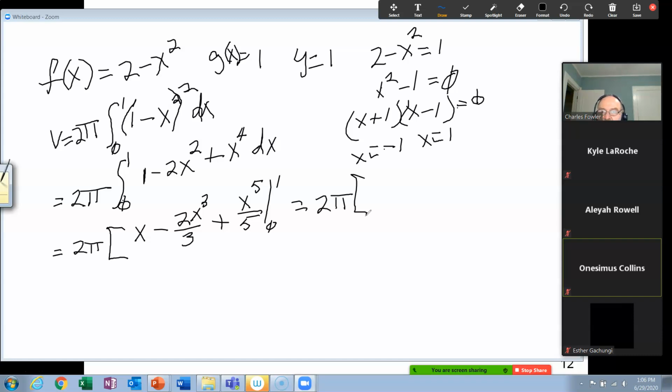When you plug in a 1 for the x, that first x just becomes a 1. Minus, plug a 1 in for x, cube it, you still got 1, that would be 2/3. Plus, plug a 1 in for x, x to the fifth is 1, so 1/5.